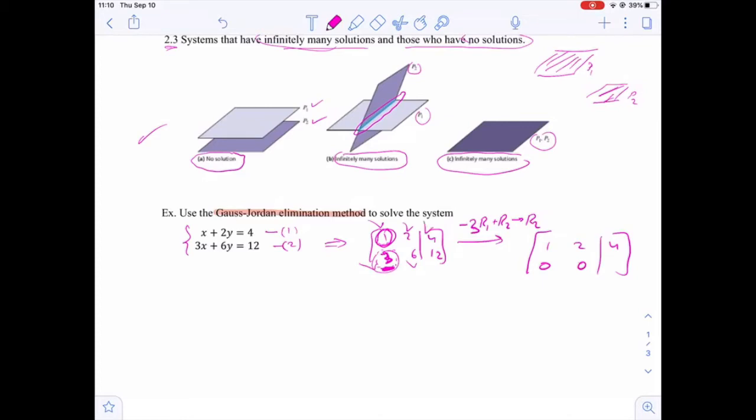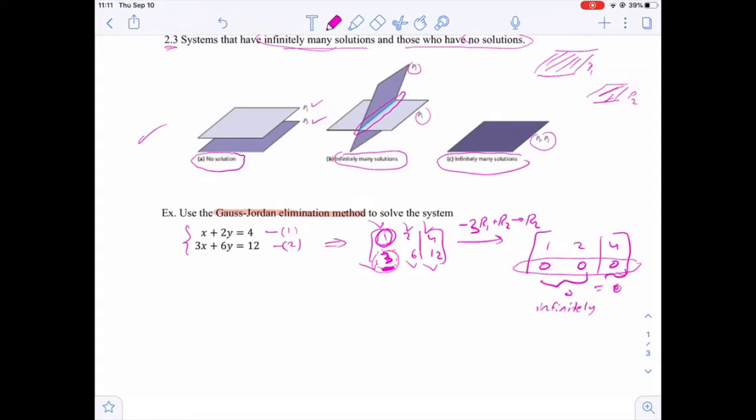Multiply 4 by -3, add it to 12, you get 0. As you can see from this slide, we got a row that's entirely 0. So if we have that case, then we have 0 here equals 0 here. So that means we have infinitely many solutions.